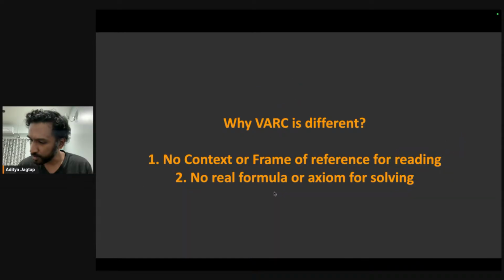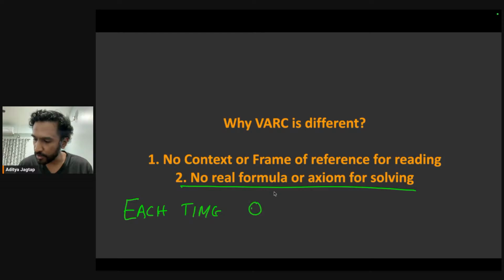The first thing you can do is, since there is no real formula or axiom for solving, and this is important, write this down, probably one of the most important points for strategy: each time a question is wrong, figure out, I'll change the color just for this, exactly why.